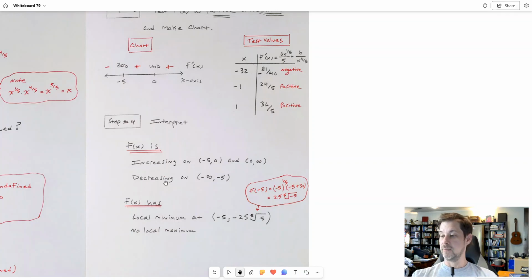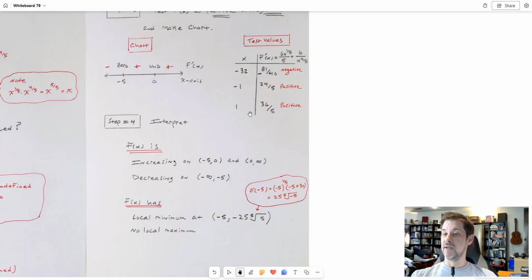We also say it would be decreasing. And then it's increasing wherever the derivative is positive. So that's from -5 to 0 expressed as an interval, and then from 0 to infinity expressed as an interval. So that's where it's increasing and decreasing.